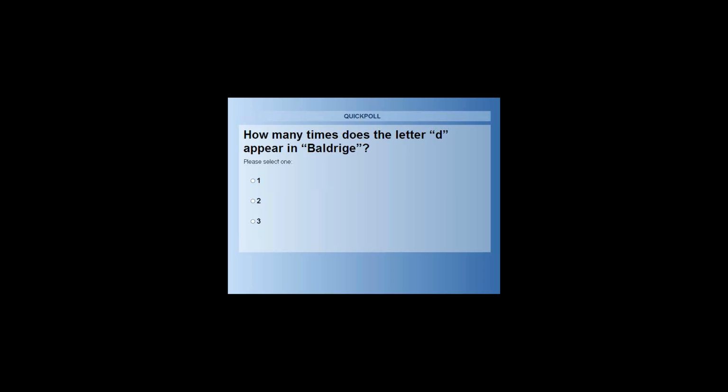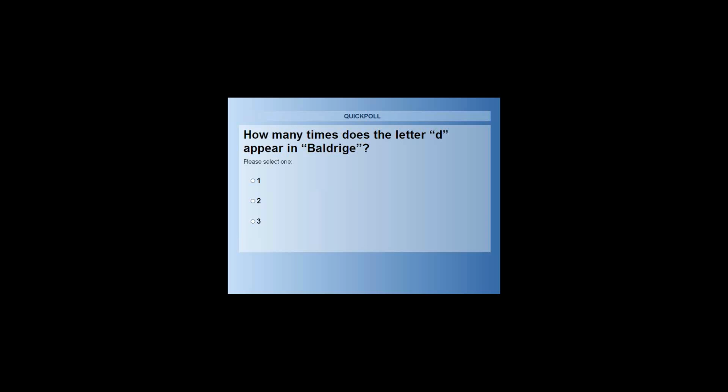The third question is just a little bit of human interest. We just say, how many times does the letter D appear in the word Baldrige? 1, 2, or 3? And we sort of give the answer away by putting the word Baldrige on the screen.